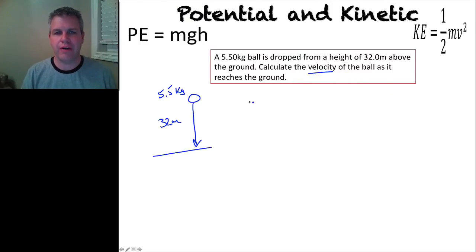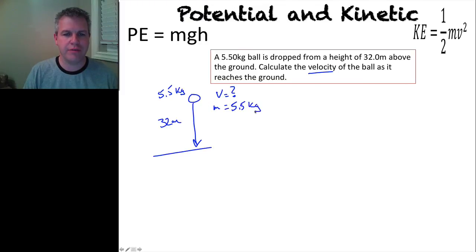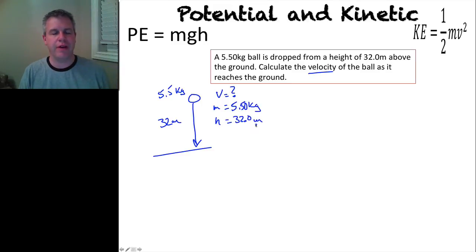So let's write down all the variables that we know and the ones that we don't know. It's asking me to solve for velocity, so that I don't know. I do know that the ball has a mass of 5.50 kilograms, and a height of 32.0 meters above the ground.